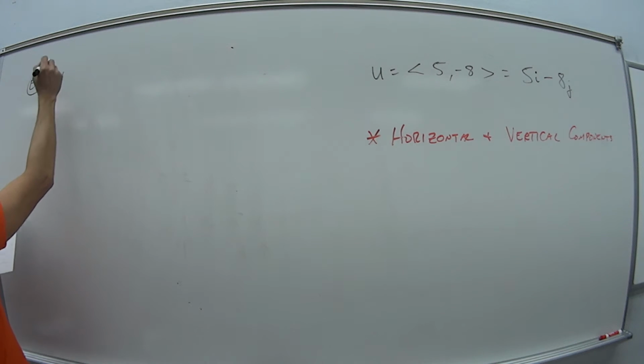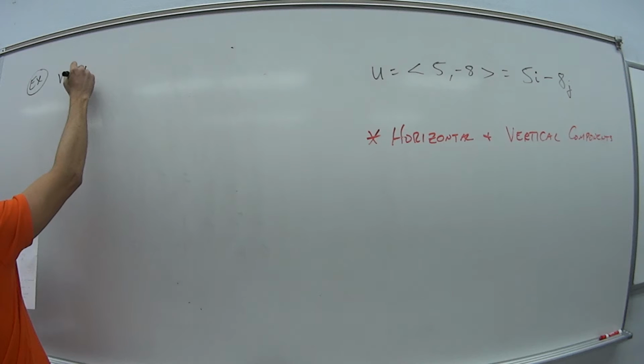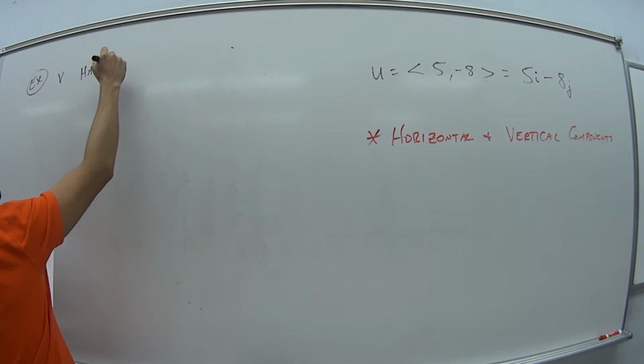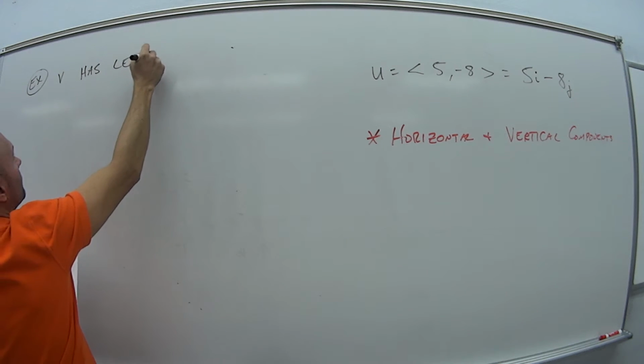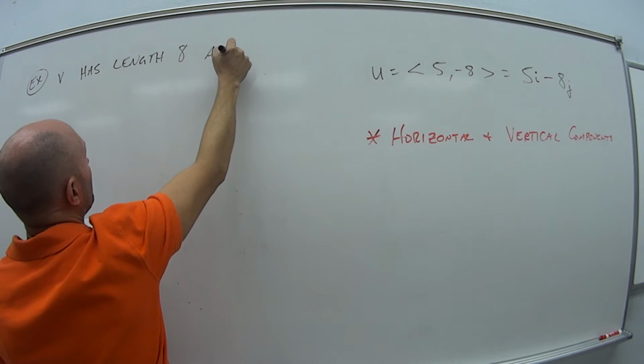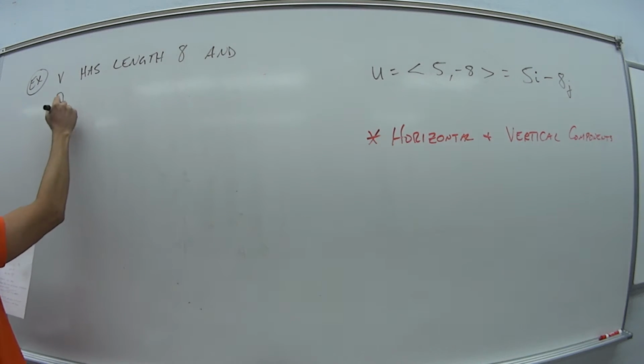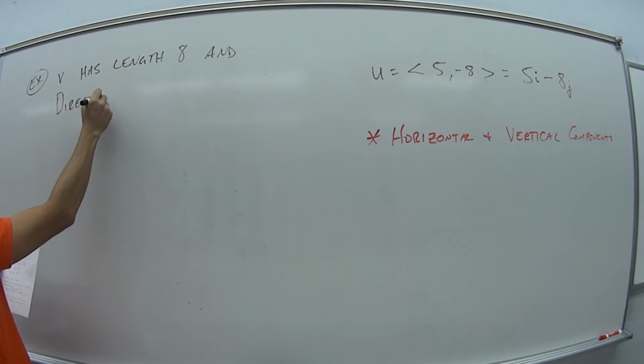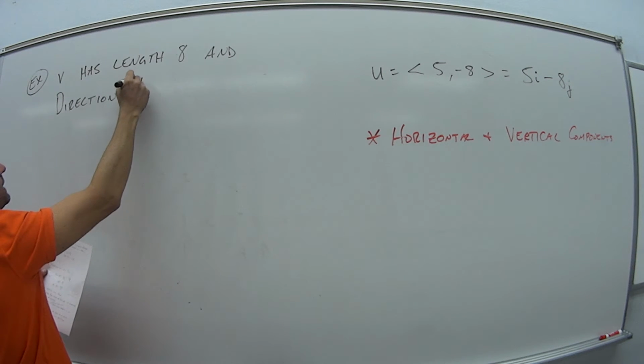So we have the following. Vector V has length 8 and direction pi over 3.